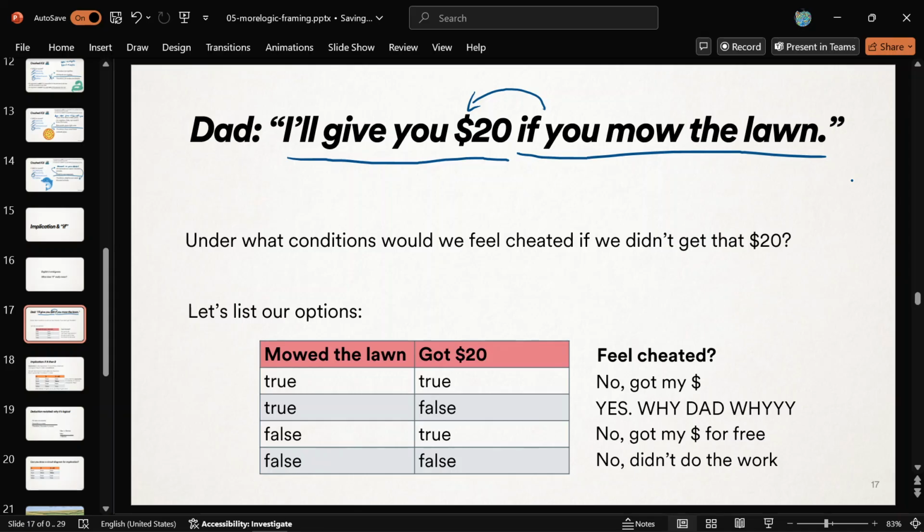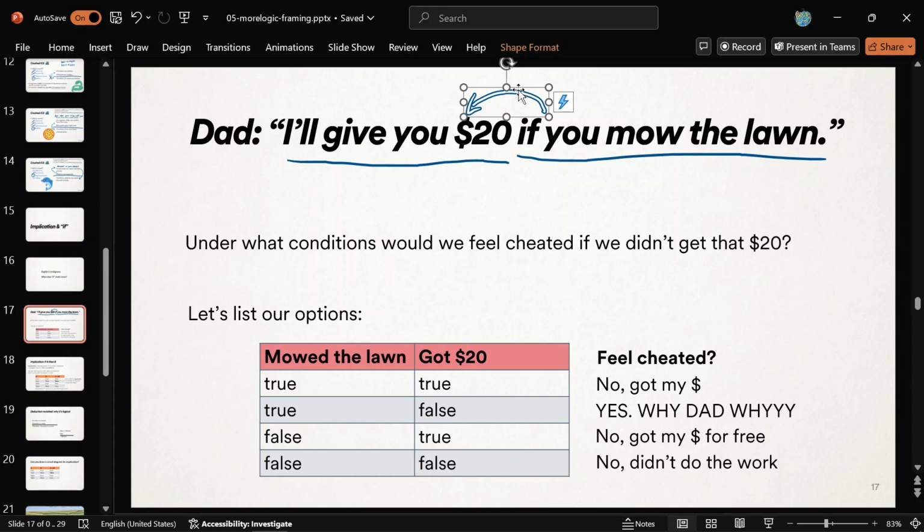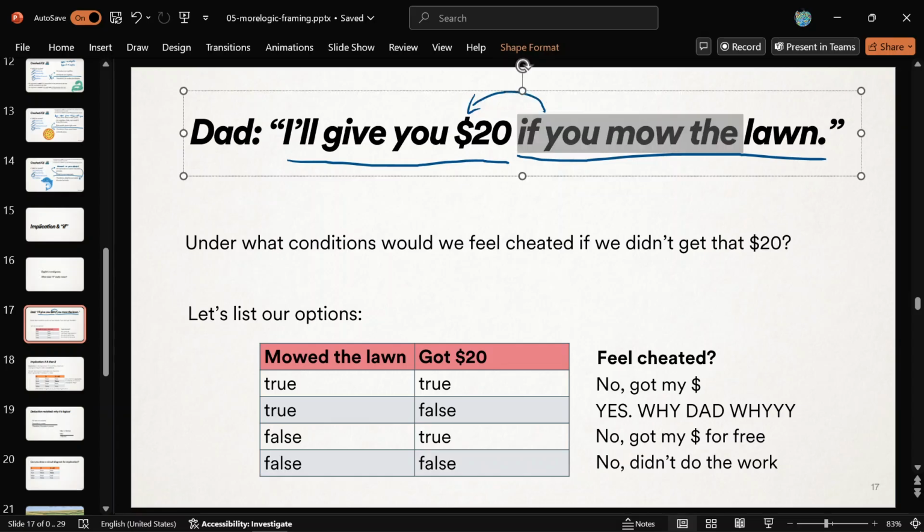So let's come up with all the combinations of us mowing the lawn and Dad giving us $20, and let's see when this is a correct statement. Like, I'll give you $20 if you mow the lawn. If you mow the lawn, then I'll give you $20. Either way you want to say it.